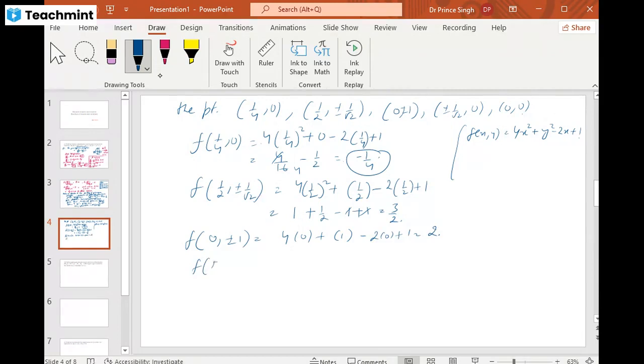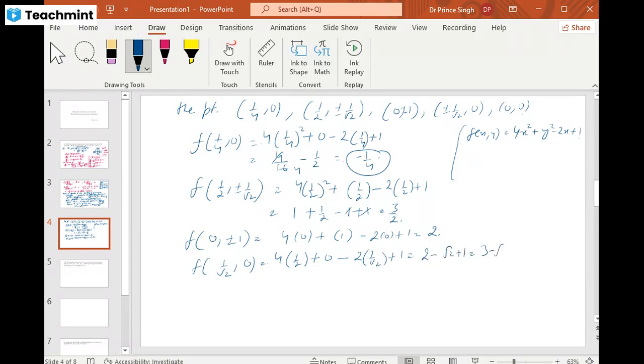So f of plus minus 1 by root 2, 0. In this case, we need to consider plus and minus separately. So I'm considering plus first. Its value is 4 times 1 by 2 plus 0 minus 2 times 1 upon root 2 plus 1. So it is 2 minus root 2 plus 1.